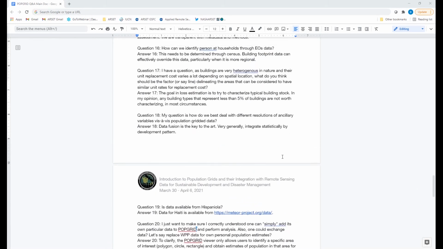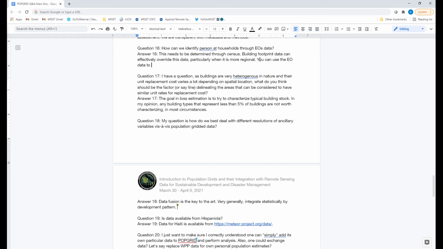You can't actually infer that from the EO data itself, or I don't know how to do that. But you use it to estimate how many buildings you're going to spread. Then you can check that with other EO-based data sets and figure out where your answer is wrong, where you don't have enough buildings based on the building footprints you've extracted, and then you adjust after the fact.